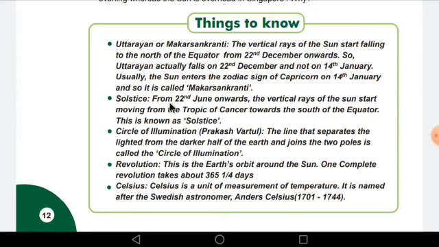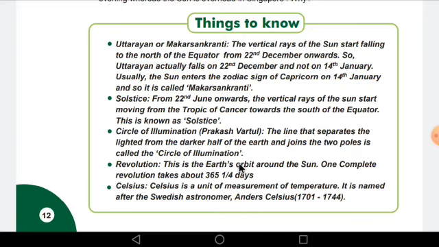When the rays on 22nd June start falling on the Tropic of Cancer, it is called the solstice. Circle of illumination: the line that separates the lighted from the darker half of the earth and joins the two poles is called the circle of illumination.